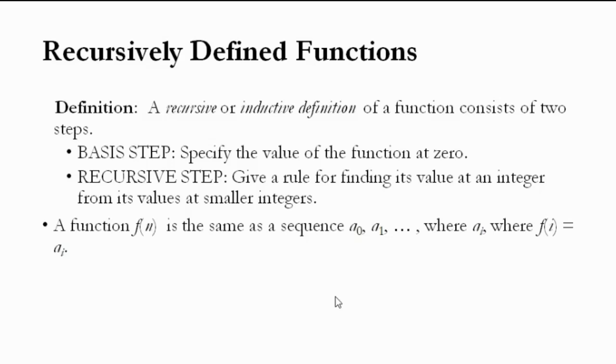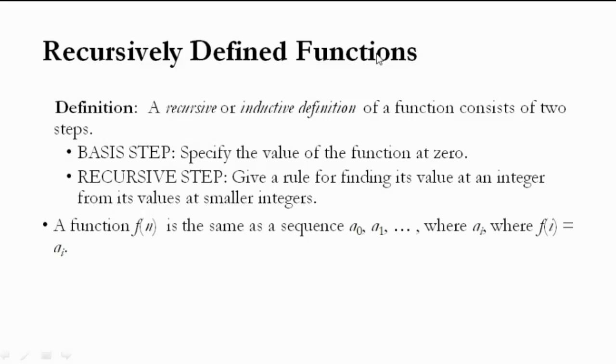A function f(n) is the same as a sequence a0, a1, and so on, where f(i) is equal to ai. So in recursion, we start with the basic element, like 0. Specify the value of the function at 0, then slowly go on finding the value by incrementing until the maximum value mentioned.